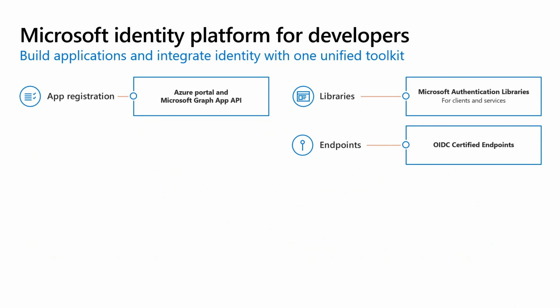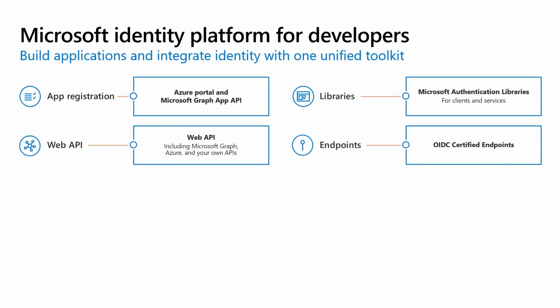They depend on an endpoint, which is standards compliant, and also allows compatibility with third-party libraries. You can securely access web APIs such as Microsoft Graph or Azure resources, or you can protect your own web APIs.